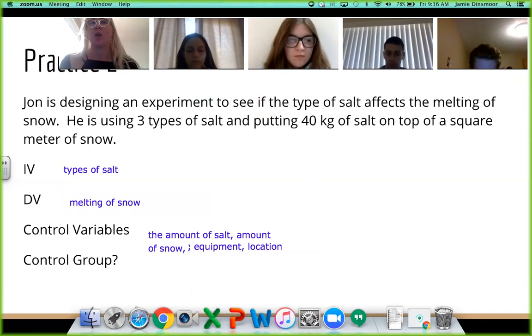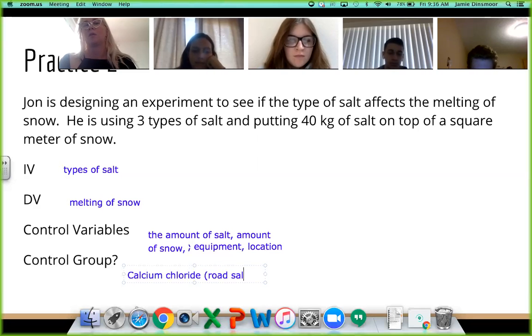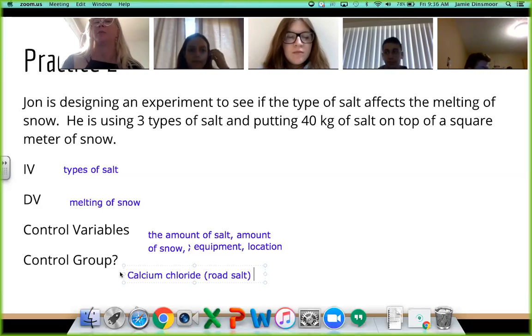There is road salt, right? It's usually calcium chloride, which is generally this type of salt used to melt snow. Now, this could be a control group, right? Where you say, well, usually we use calcium chloride, so we're going to see if it's the most effective.